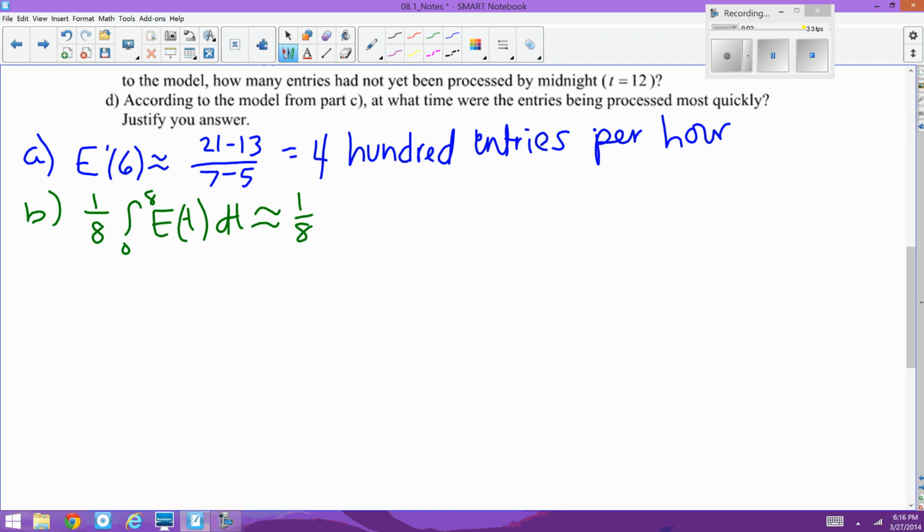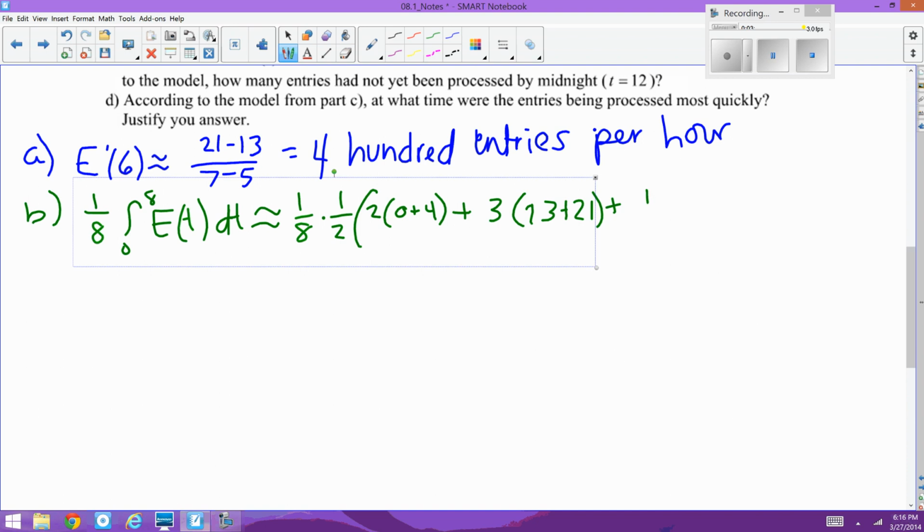I have that 1/8. All right, so then I have trapezoid 1/2, and my first height times the sum of the bases, and then my next height times the sum of the bases, and then my next height times the sum of the bases.